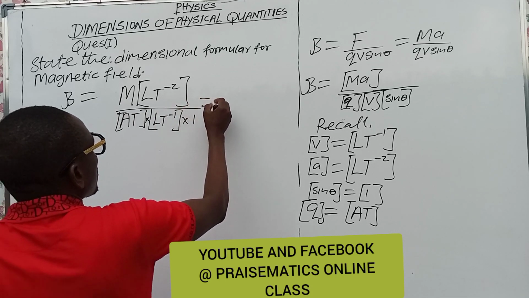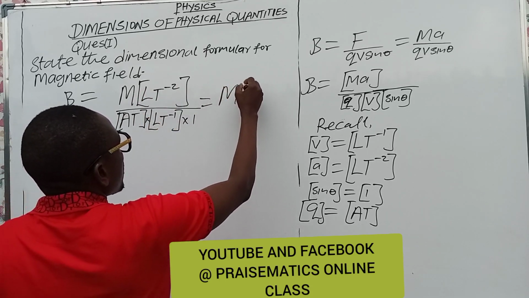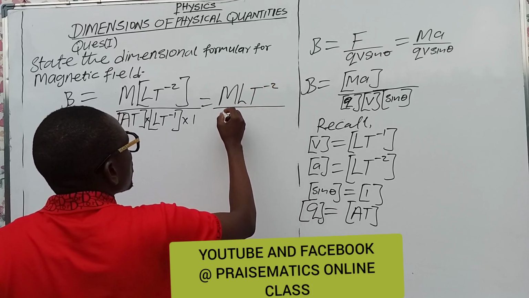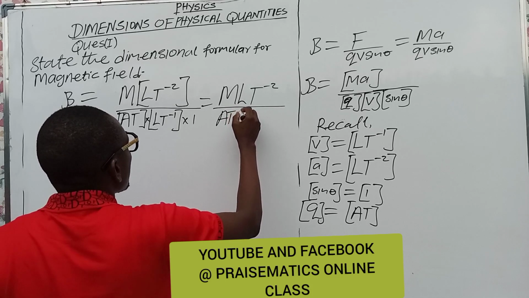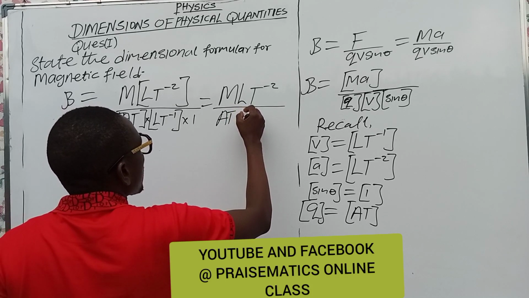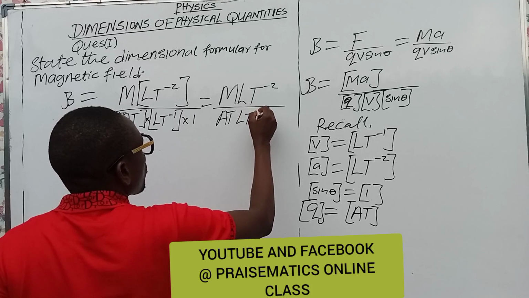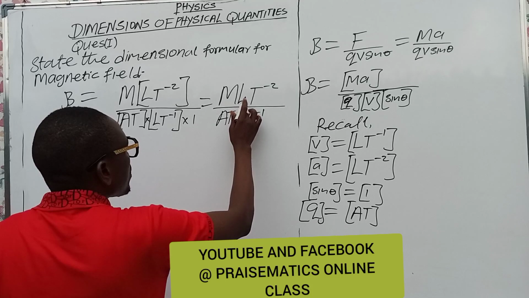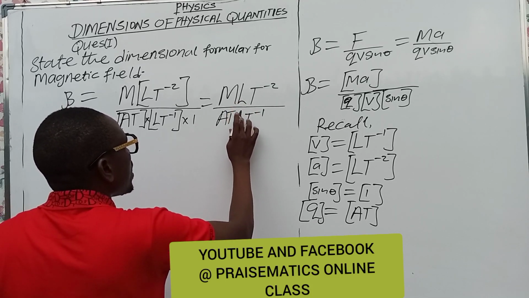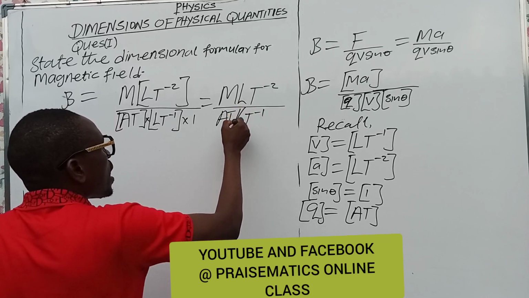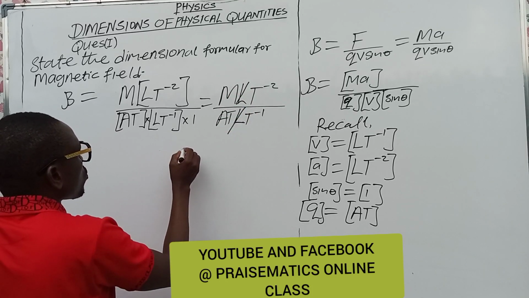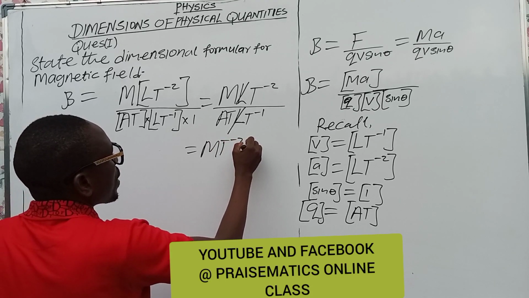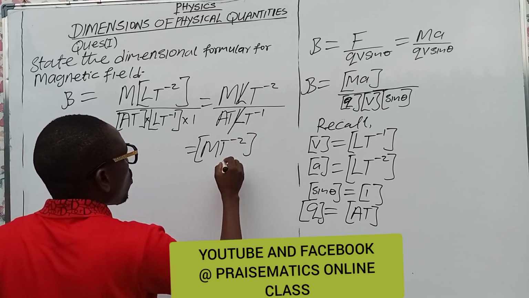Now, expanding this, we have ML t raised to power minus 2 all over AT, L t raised to the power minus 1. Now, you can agree with me that this L here will cancel this L. We are left with M t raised to the power minus 1 over what?